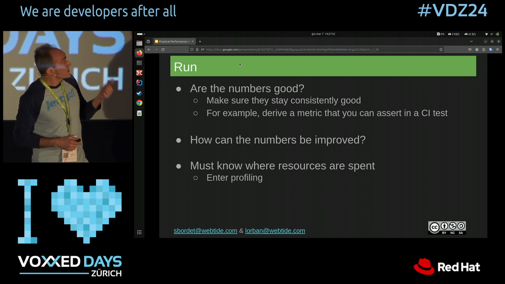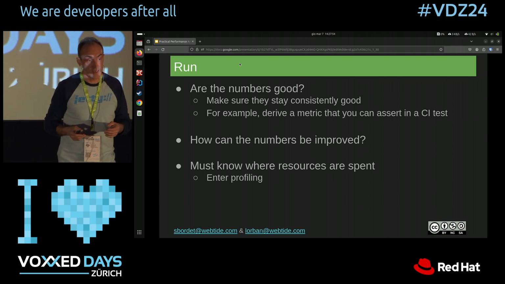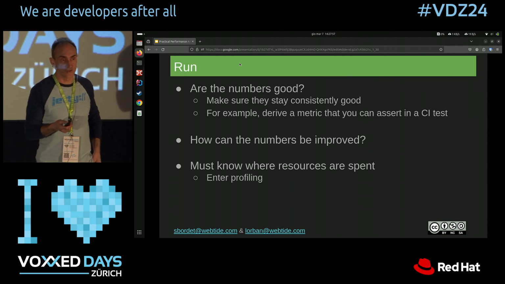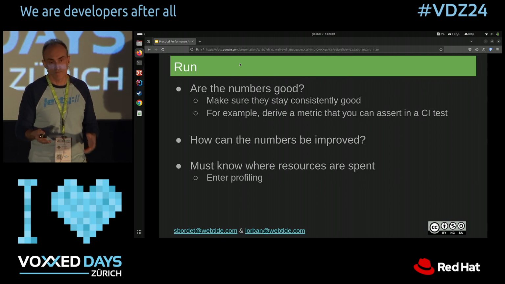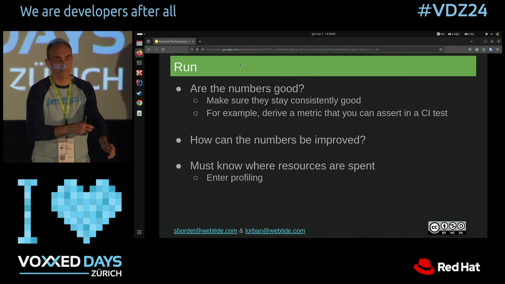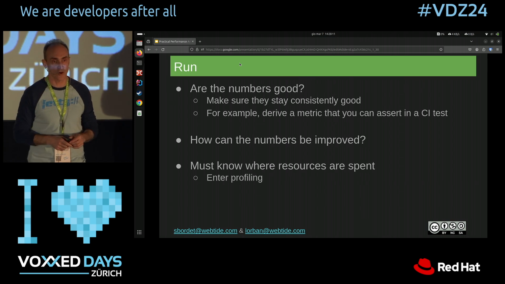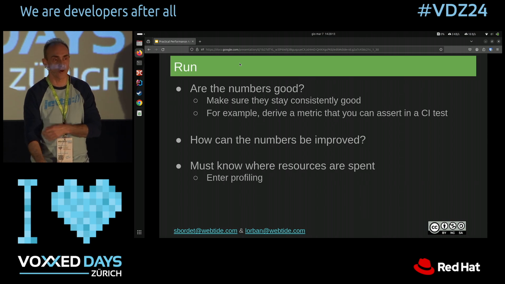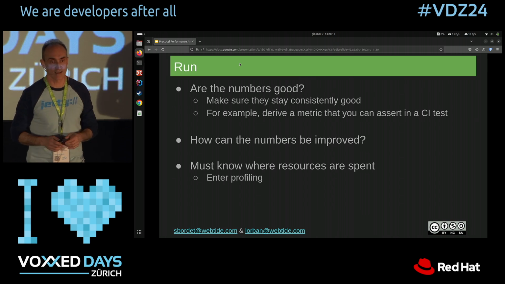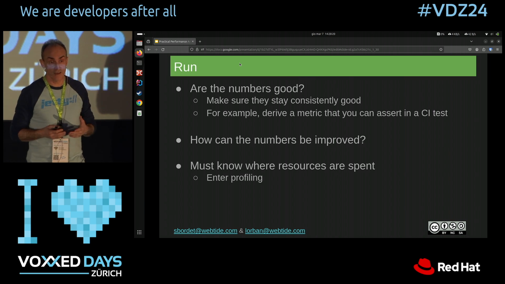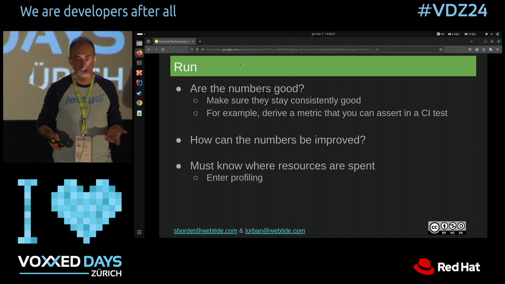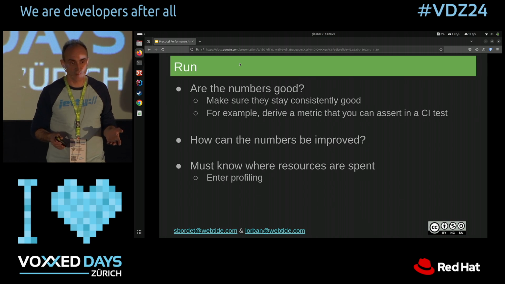And so whether the numbers are good or not, that depends on things. But then you have to figure out, okay, so how can I improve my numbers if they're not good, right? So if they're good, you can say, well, okay, fine, we've done a good job. We applied good techniques, writing the code and caching things and not making mistakes like using global locks or things like that. So kudos. But if they're not good, then the question becomes, okay, now where do I look? How can I improve the system?